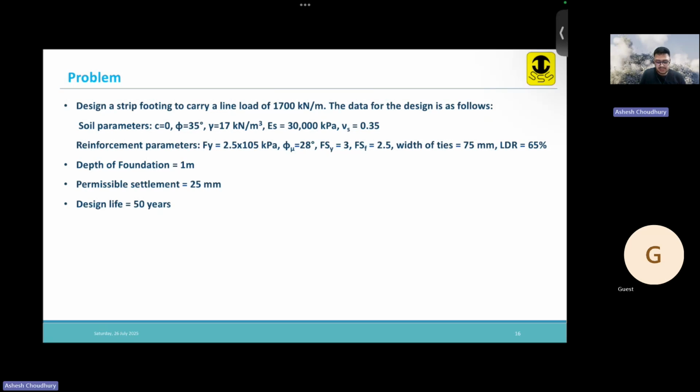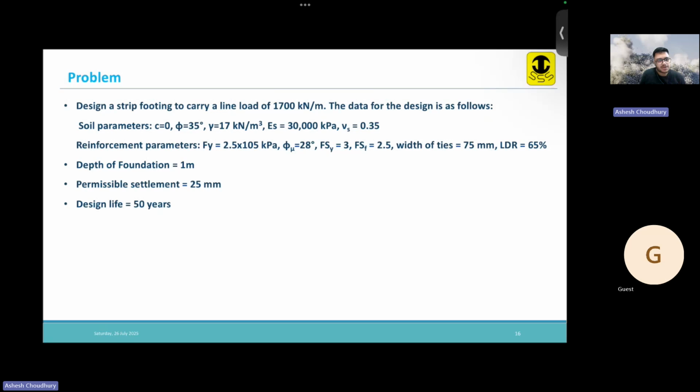C is 0. Phi is 35 degrees. Gamma is 17 kilonewton per meter cube. S is the elastic modulus of the soil, that is 30,000 kPa. We'll see why we need this. And we have the Poisson ratio of the soil as 0.35.